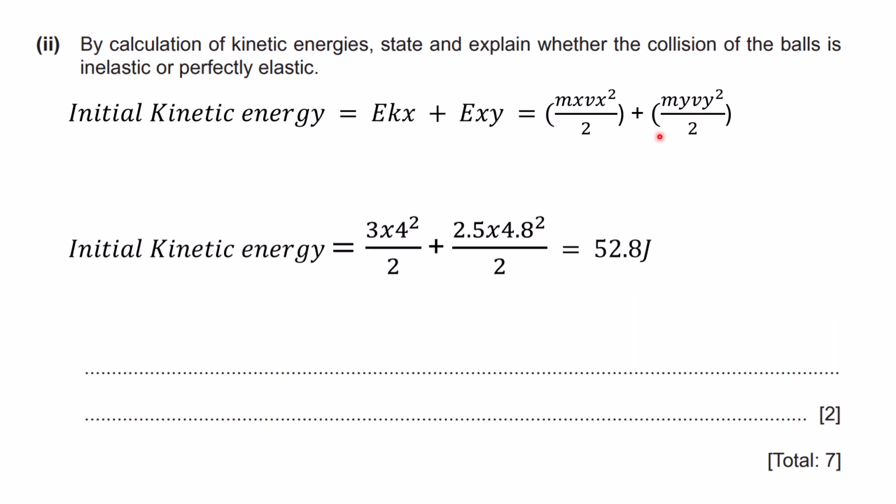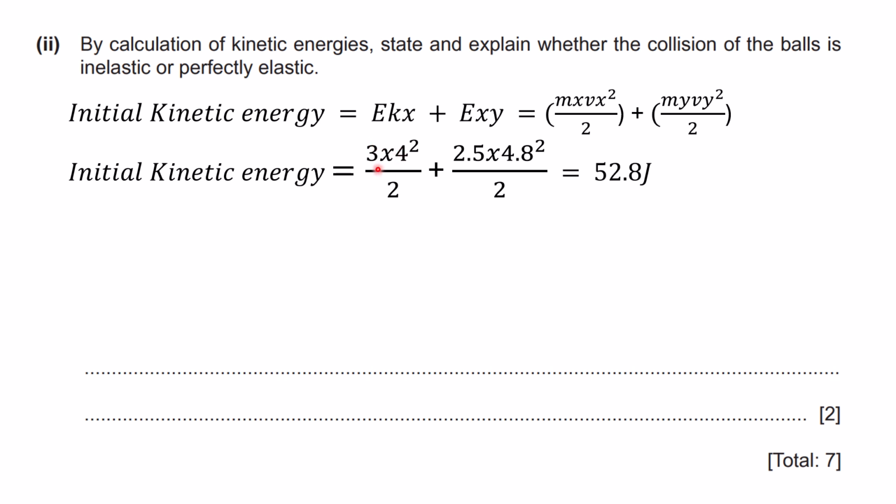Let's do substitutions. So the mass of X is 3, the velocity of X is 4. And I know what you're thinking. Well, how come you're not using the X direction or the Y direction? Because energy is not a vector.